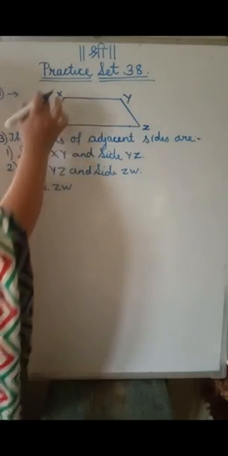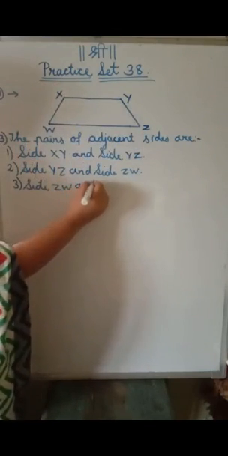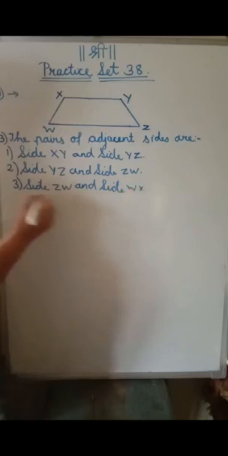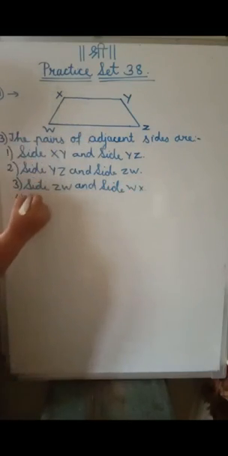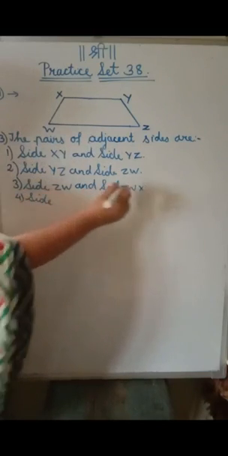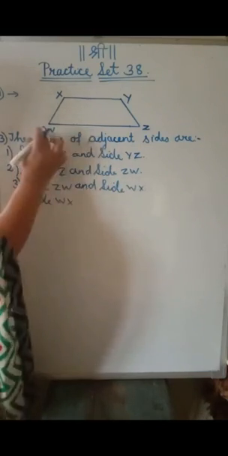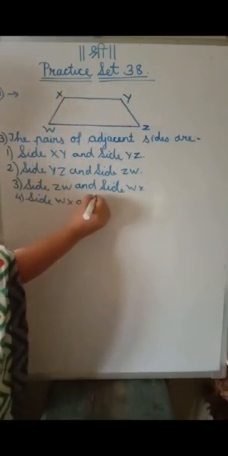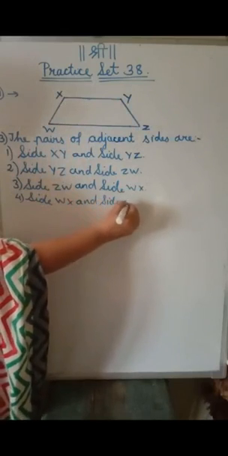Adjacent to it will be WX and side WX. Next, the fourth one, take this down, WX. Adjacent to WX will be XY and side XY.